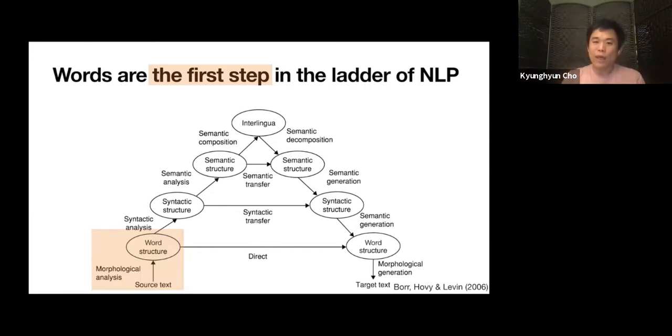However, as is understandable, words are only the very first step in this ladder of natural language processing that includes natural language understanding as well as natural language generation. So we want to, in fact, go further than just thinking about the meaning of an individual word.